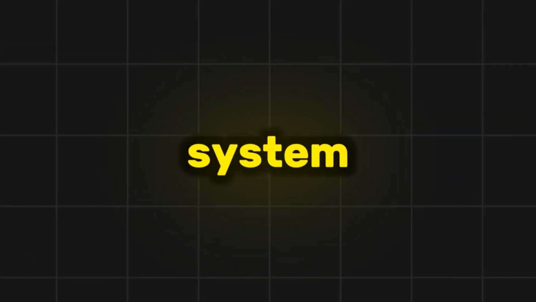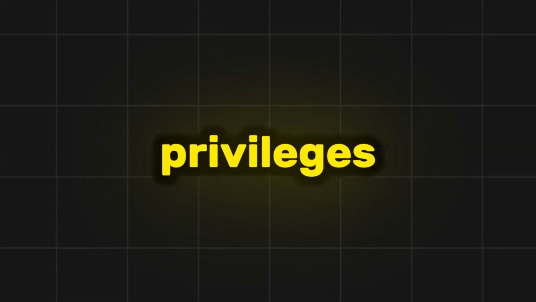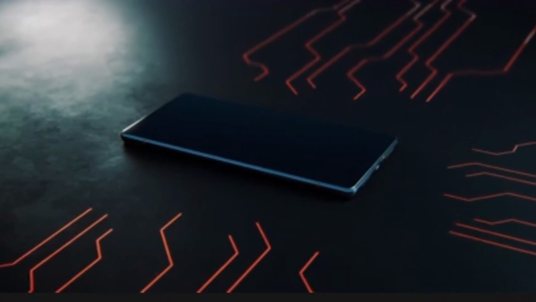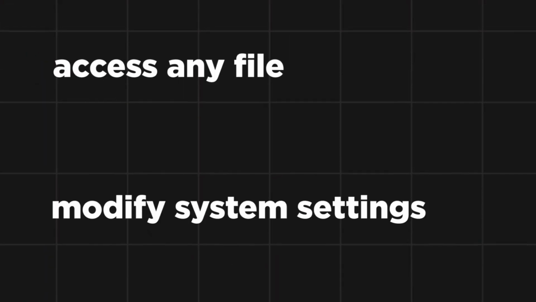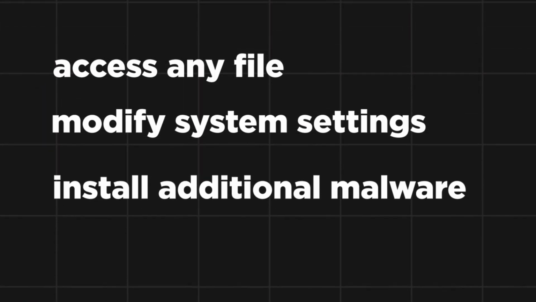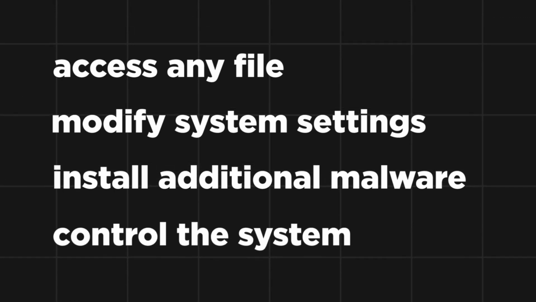When malware infects a system, it typically runs with the same privileges as the user who unintentionally executed it. However, with root access, the malware can do virtually anything on the system. It can access any files, modify system settings, install additional malware, or even completely control the system.